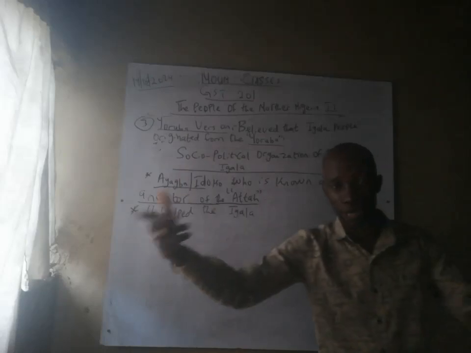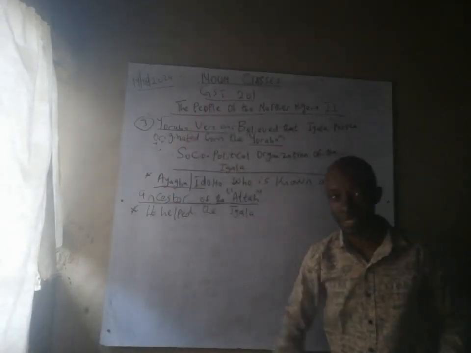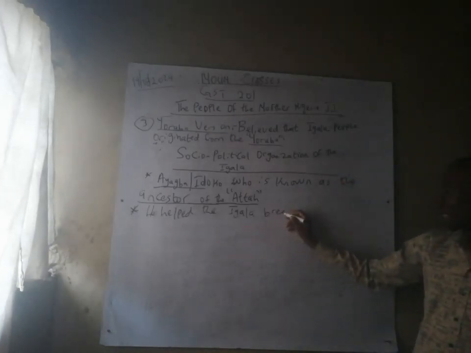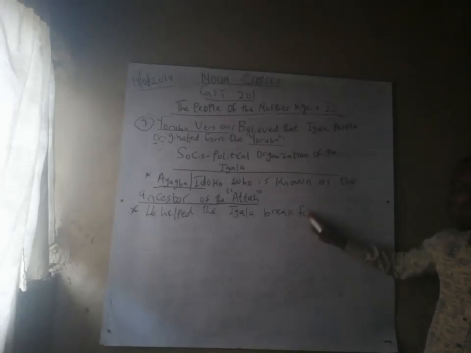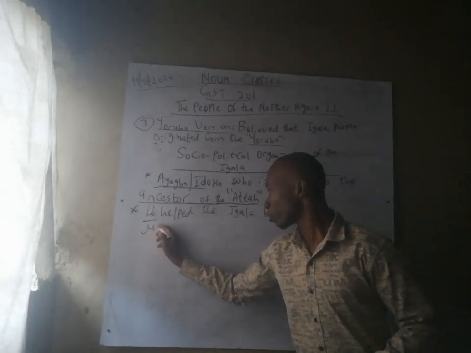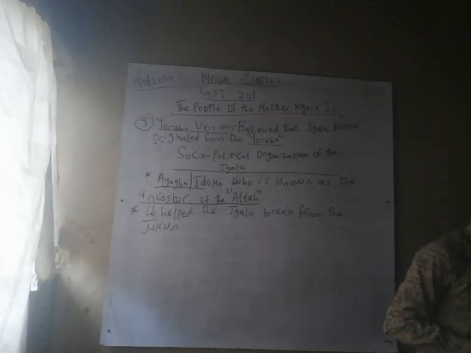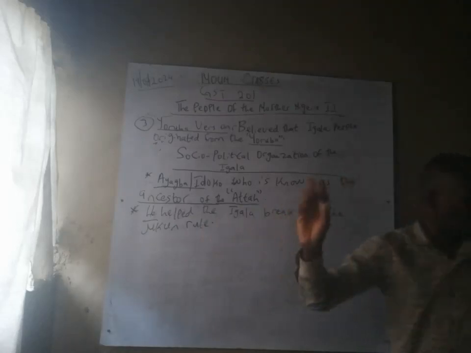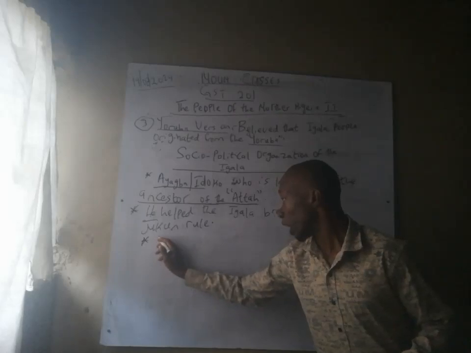You should recall, under the version, the origins of the Igala. He helped the Igala break from the Jukun rule. Alright? And from there, he then operated on two levels.